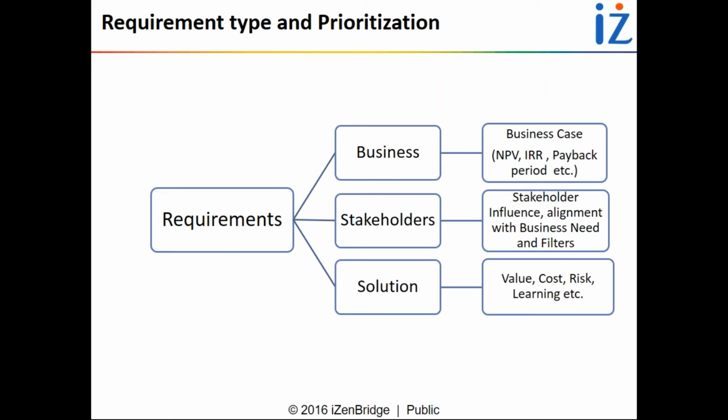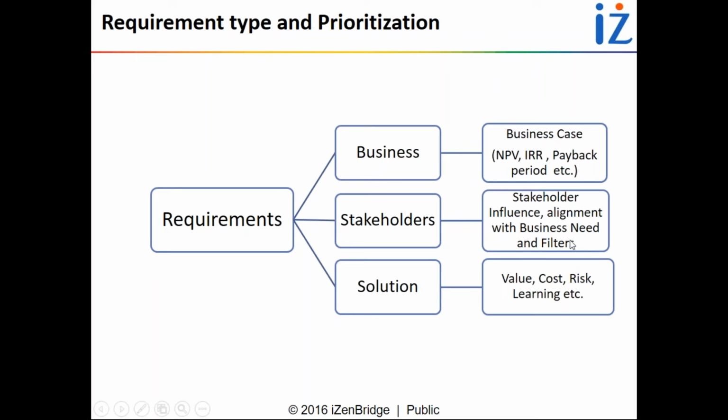For example, your business requirement is to develop features to understand the customer purchasing pattern. Now for customer purchasing pattern, you have decided to develop some algorithms in your solution. Now at the stakeholder level, you may identify different algorithms, and on the basis of different criteria, you prioritize those stakeholder requirements.